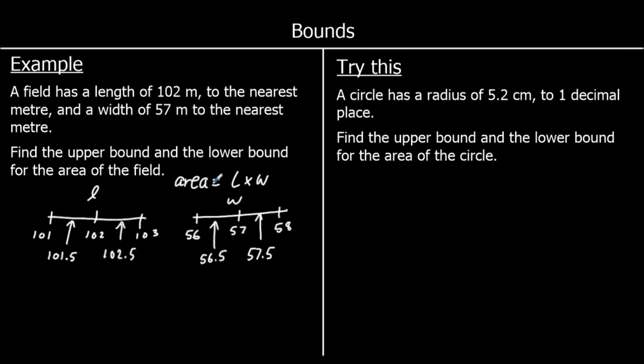So the upper bound for the area, I would write upper area, is going to be the biggest length times the biggest width. So that's going to be the upper length times the upper width.